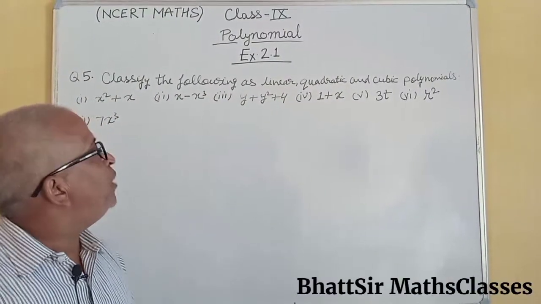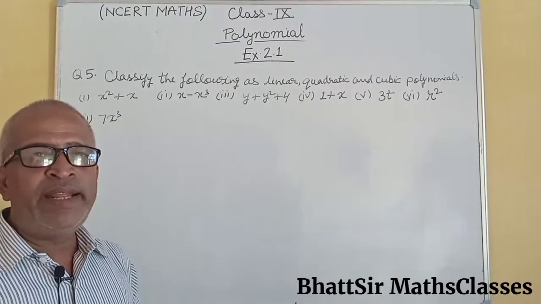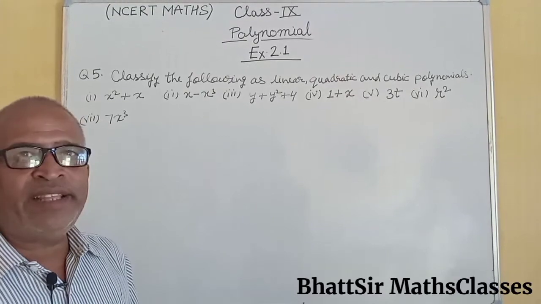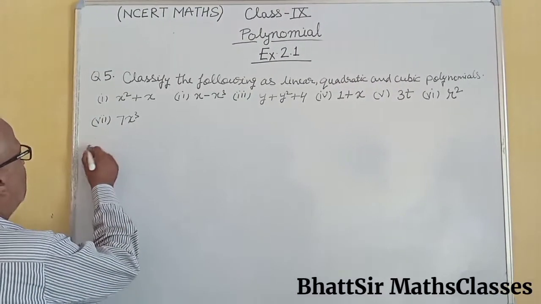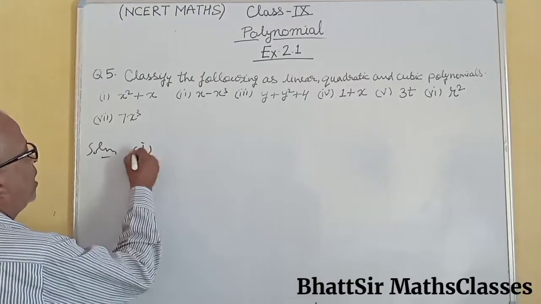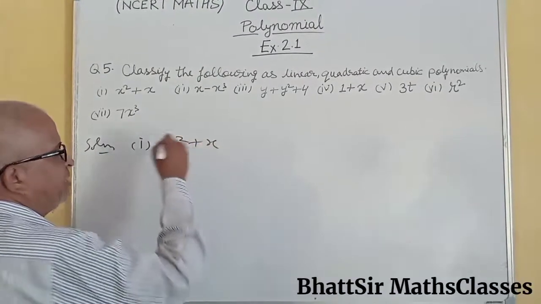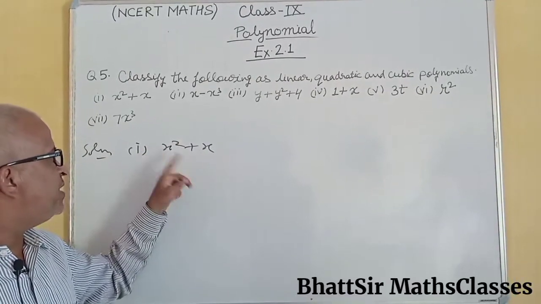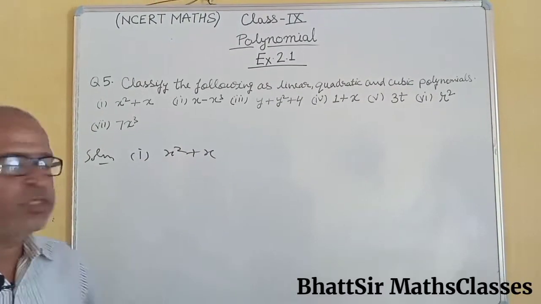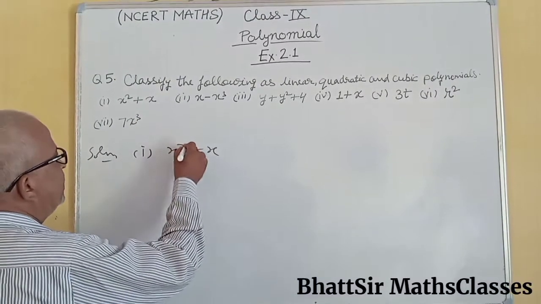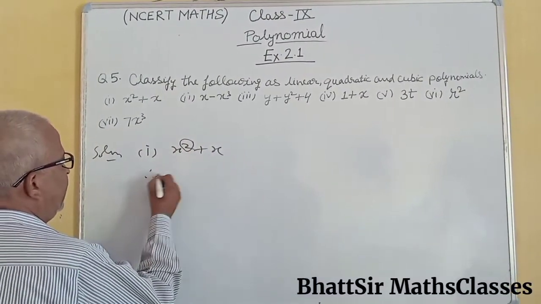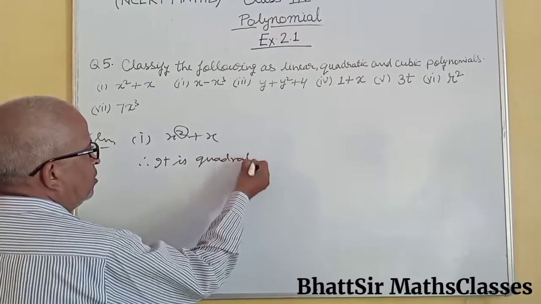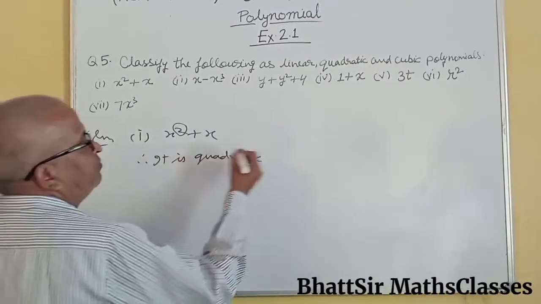First of all you should know the terms. Linear means the degree is 1, quadratic degree 2, cubic degree 3. First part, x square plus x. This polynomial is a binomial. It contains only two terms, but the highest degree is 2. So that is why it is a quadratic polynomial.